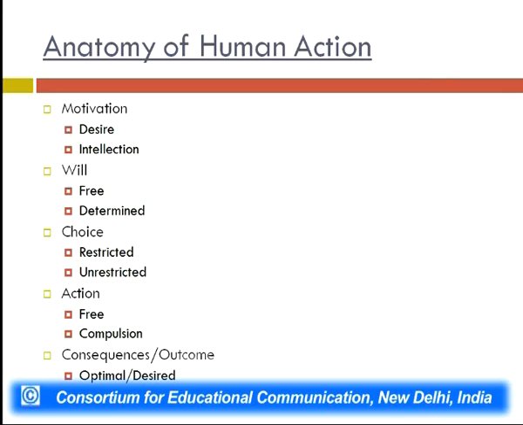These consequences could be the ones that we had desired for initially in the first place, and these consequences at times, because of certain reasons beyond our control, certain situational factors, certain environmental factors, may not result in the desired outcome. So, at times the consequences could be undesired as well.